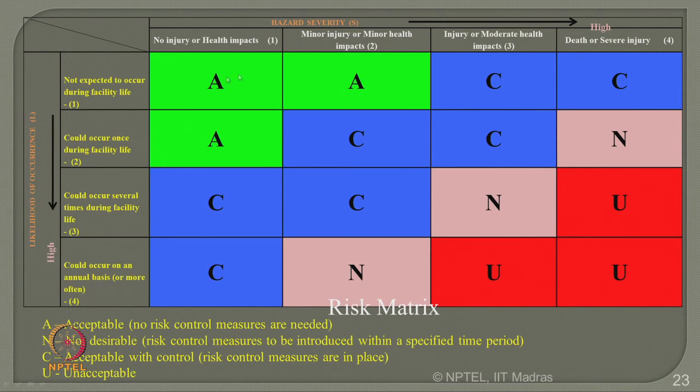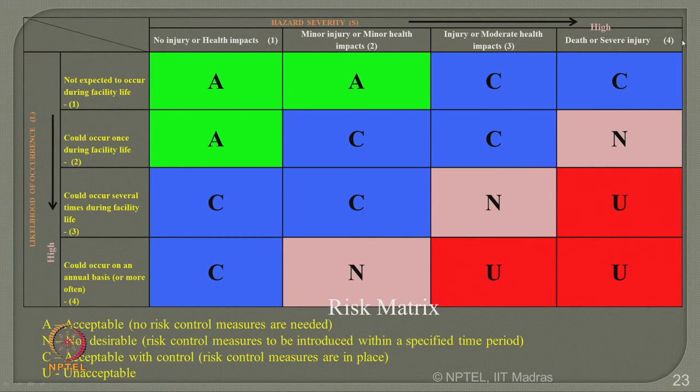So, if a specific hazard which causes no injury, which is not expected to occur, falls in category A, which is acceptable. If a hazard results in a fatal end or death, which is also occurring on an annual basis or could occur during the facility life, it is categorized as unacceptable.